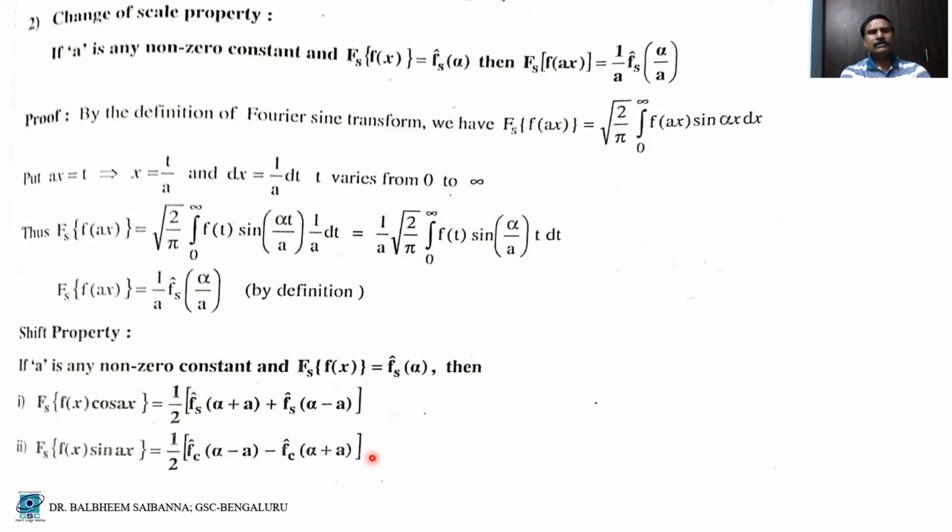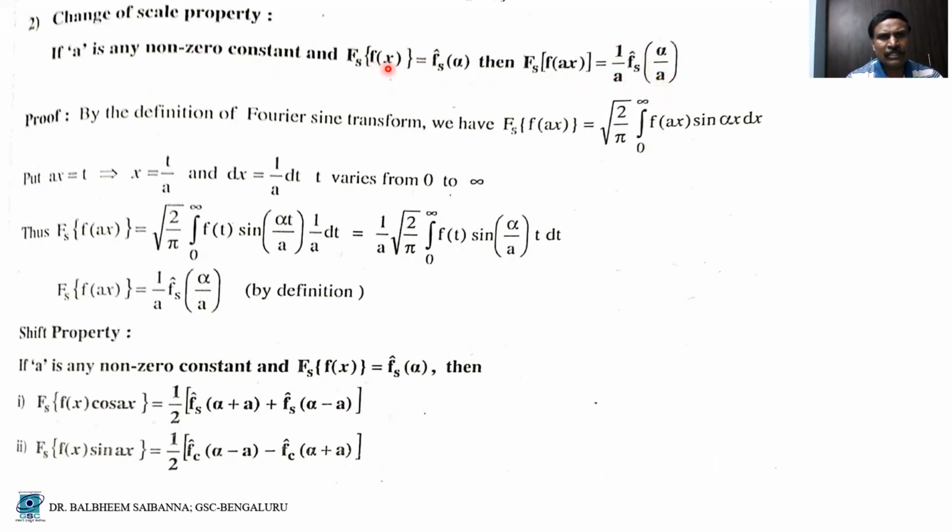Next, one more property: the change of scale property. If a is any non-zero constant and Fs of f of x is equal to Fs cap alpha, which is the Fourier sine transformation definition, then we have to prove that Fs of f of ax is equal to 1 by a Fs cap alpha by a.